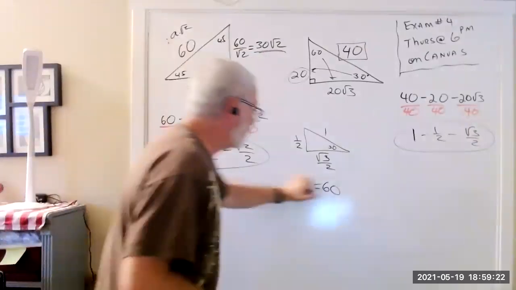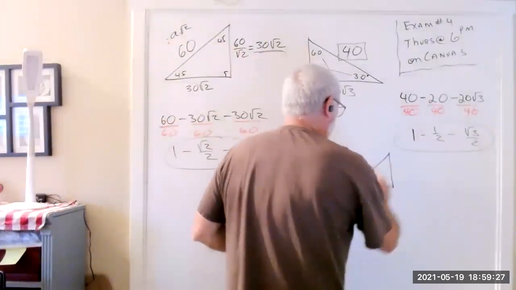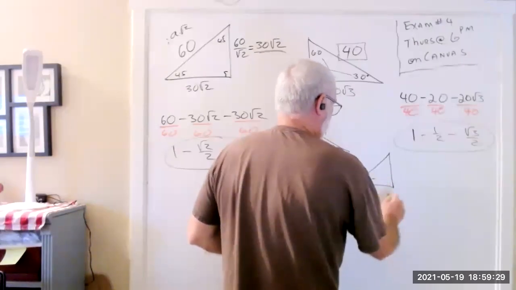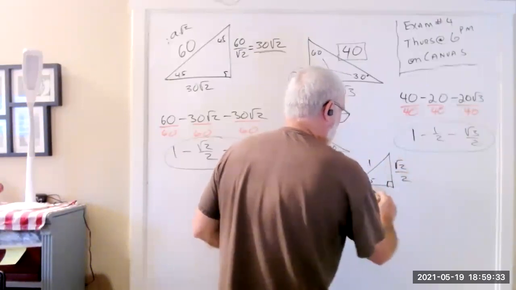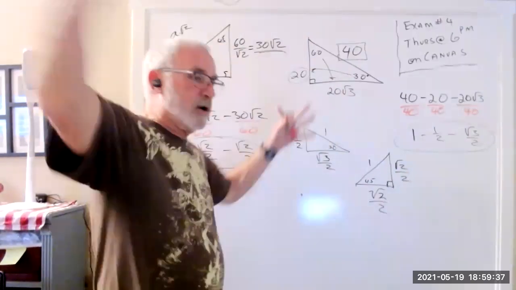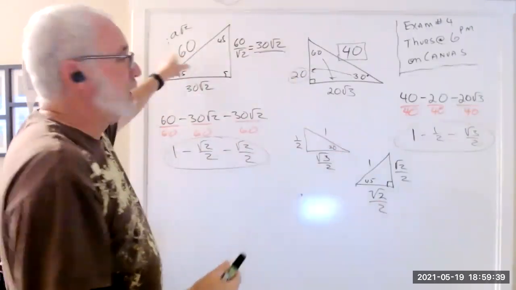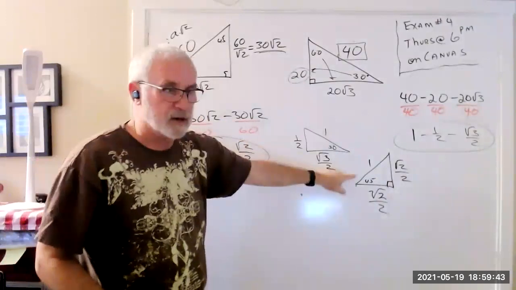And what that says is that all 45, 45, 90 triangles are of the same proportion. Some are bigger, some are smaller. This is way big, a hypotenuse of 60. This is a hypotenuse of 1.